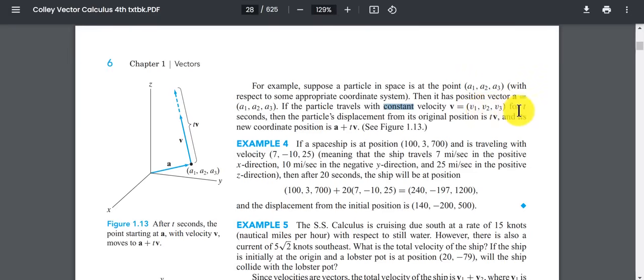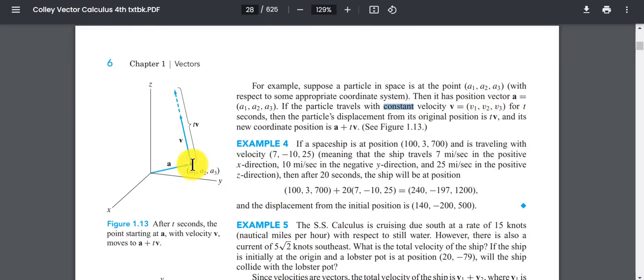It's moving at a constant velocity, and so we can say after 1 second, it's moved a certain amount. After 2 seconds, it's moved double that, and so on. So it's moving in this direction, but this can be written, as I just said, as having a component in the x, y, and z direction, and that's what this is about.